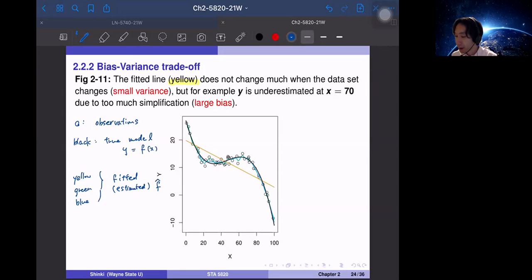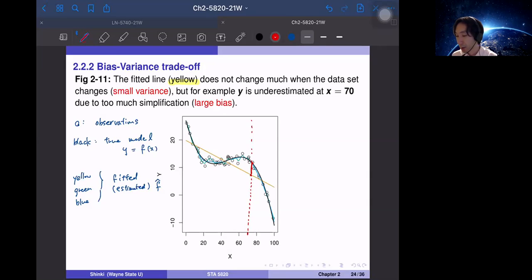Especially if we think about a new observation at x equal to 70, around here, you can see the yellow one is very stable, but certainly it has larger bias. The black one is here, and the bias size is here. With the green one or blue one, we have much smaller bias, and probably the green one has the smallest bias.